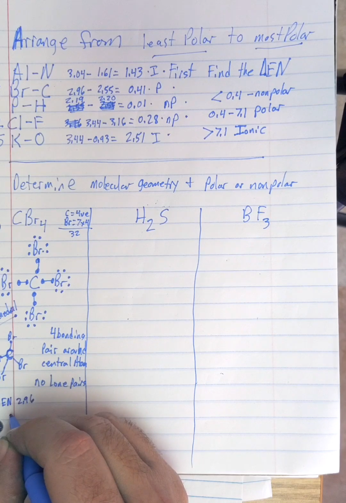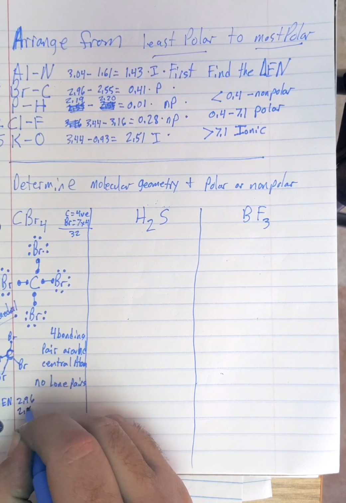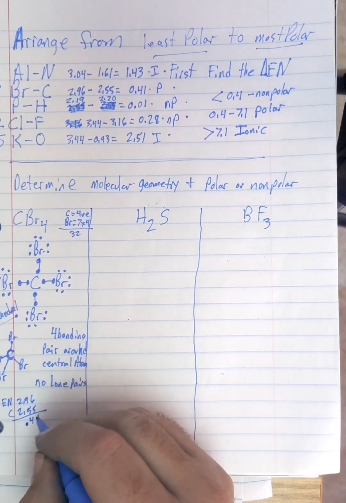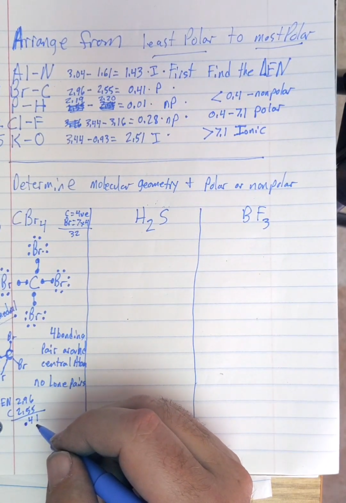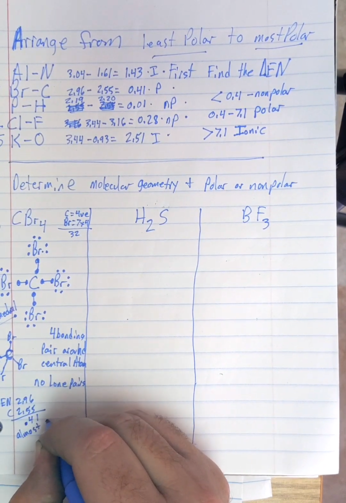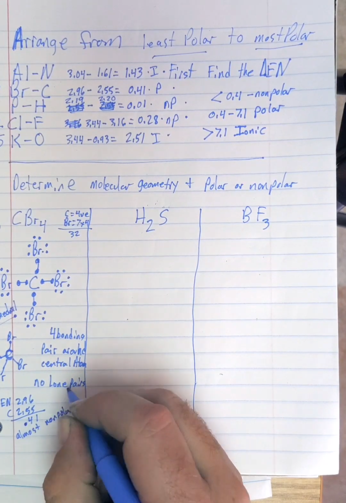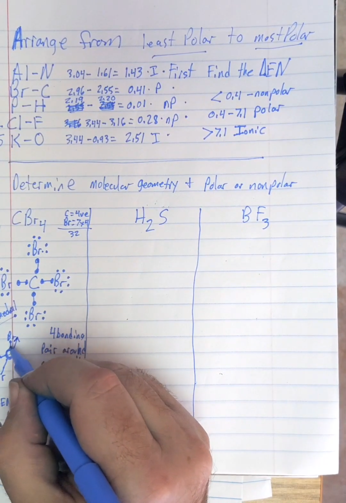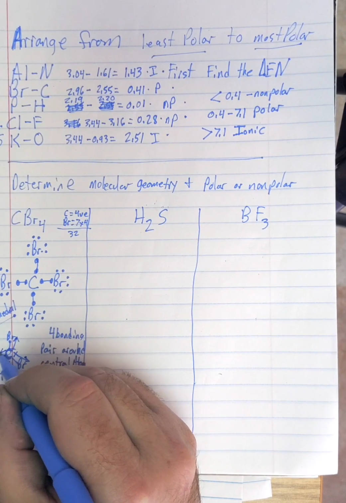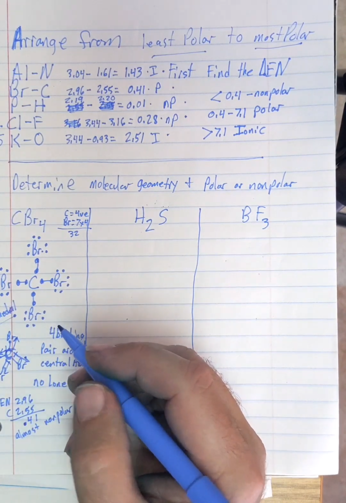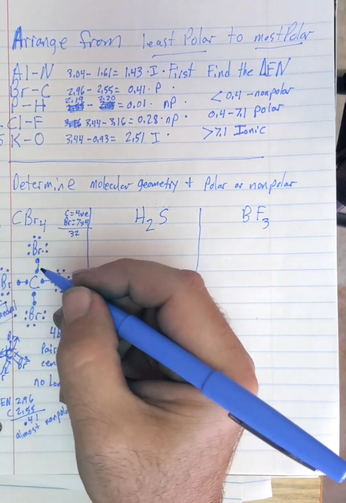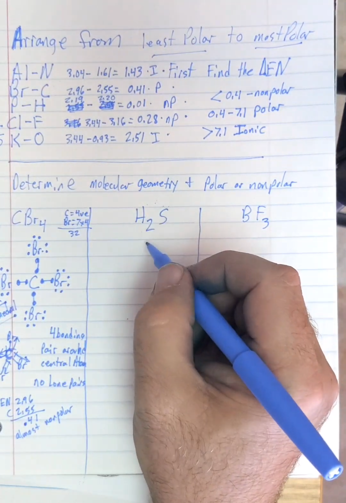When we do the math, we're going to end up with 2.96 minus 2.55, which is 0.41. So this would be almost nonpolar. It's just barely, by a hundredth of a point, in the polar range. But all of the points of this tetrahedral would have the same charge. It'd be slightly negative. So this would be nonpolar.